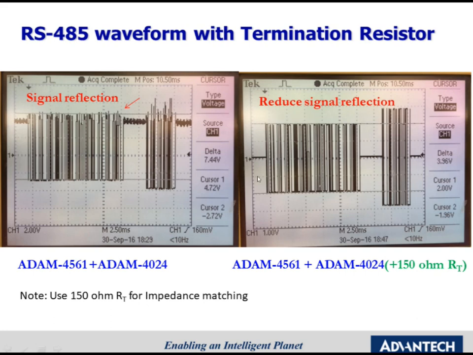And by adding the resistor, it can reduce the signal reflection and get better waveform. However, adding termination resistor will also reduce the voltage level on RS-485. The RS-485 level should still larger than the 200 mV for the module to detect the high and low signal.